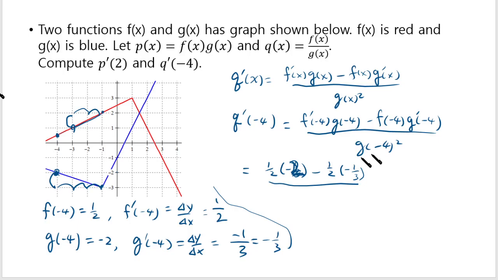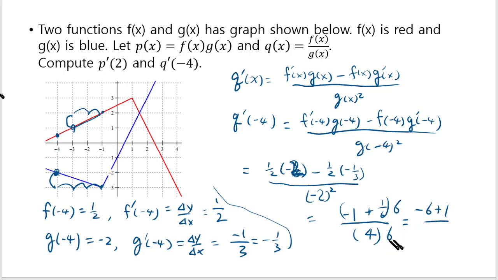And then g(-4) is -2, so we square that. That's positive 4. The 2 cancels, that's negative 1. Negative times negative is plus. 2 times 3 is 6, so it's 1/6 divided by 4. My favorite way to simplify complex fractions is to multiply the denominator top and bottom. So you get negative 6 plus 1 over 24, which is negative 5 over 24. Alright, so that is the answer.